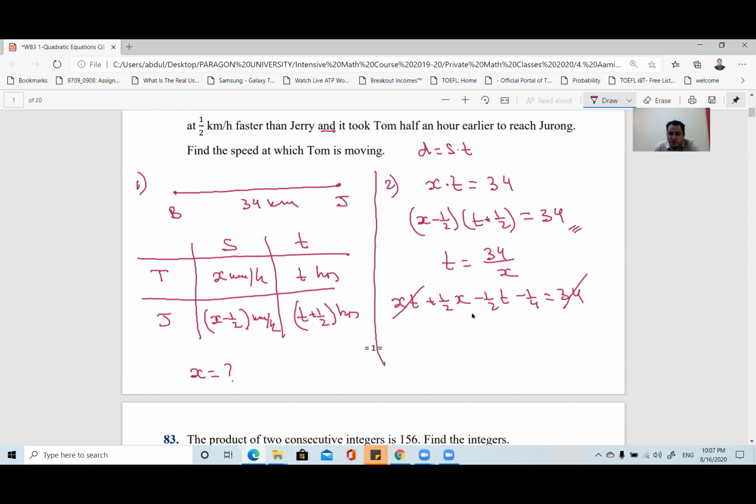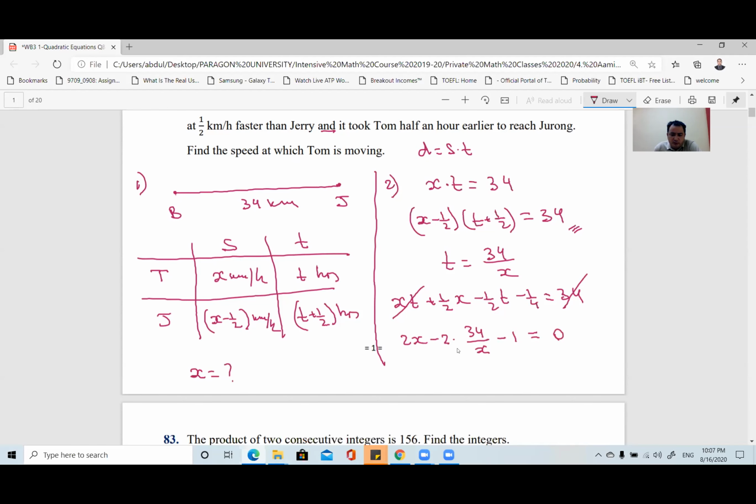Now multiply both sides by 4. Here we have 2x, and here we have minus 2t. At the same time, I can substitute t, that is 34 over x, multiplied by 4. Here we have minus 1. On the right-hand side, we have 0.